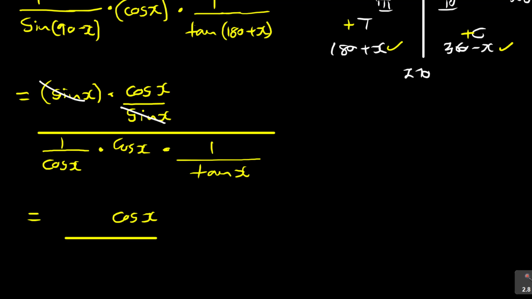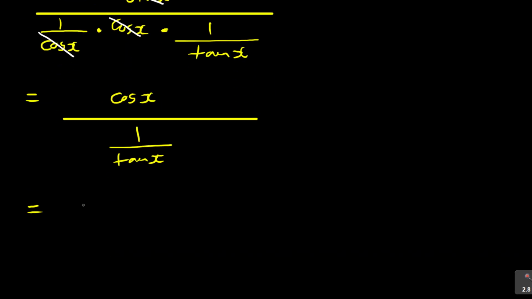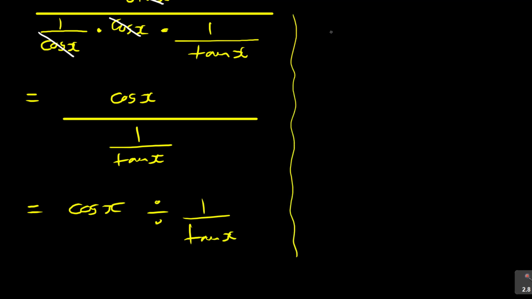all over, and again this will cancel and that will cancel, and then I have at the bottom 1 over tan x, which means I can convert this to cos x divided by 1 over tan x, which is cos x times tan x over 1.